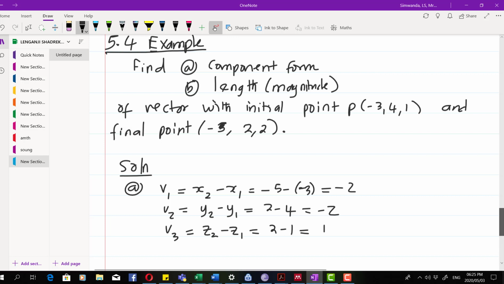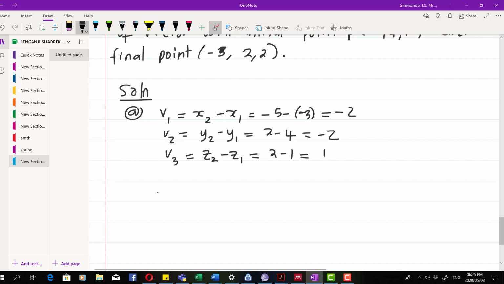So therefore in component form, with the angular bracket notation, our vector PQ, you can also name it V, is equal to <-2, -2, 1>.